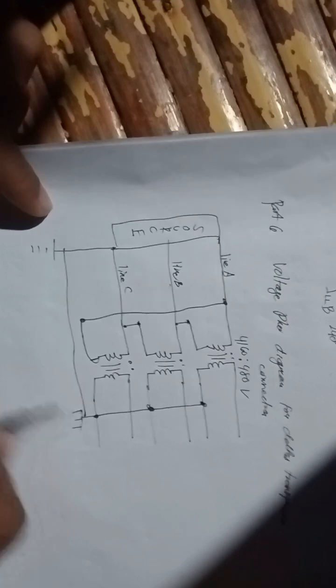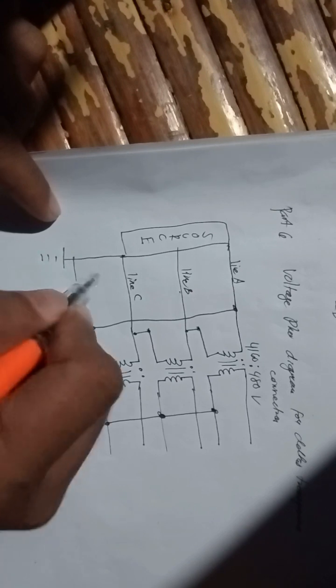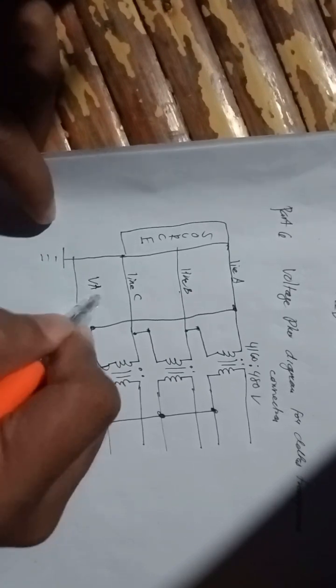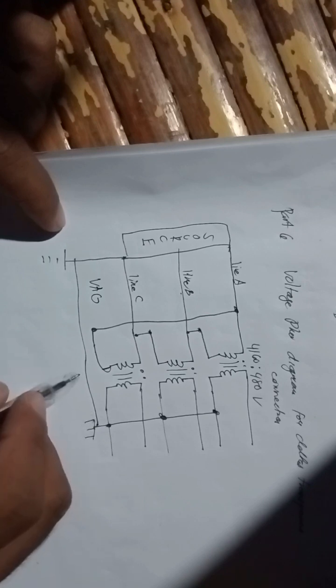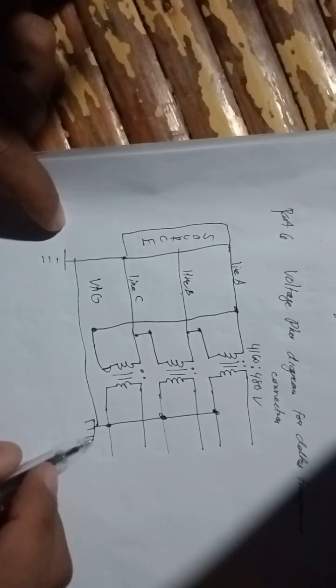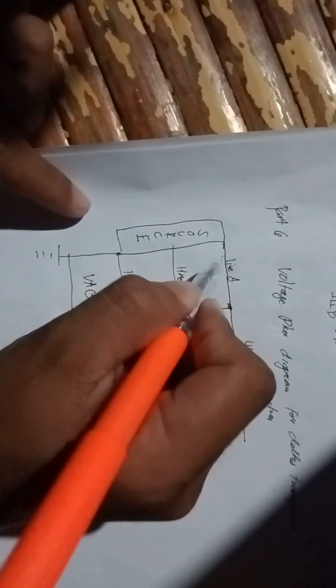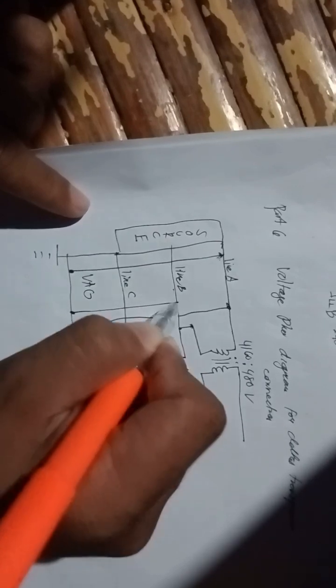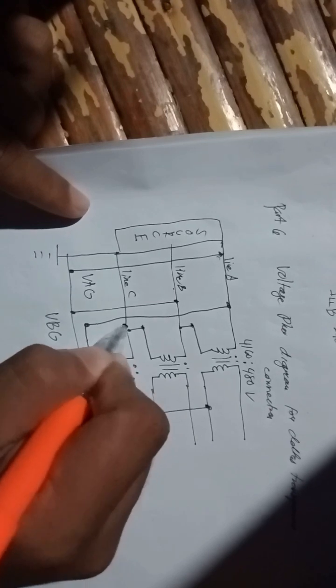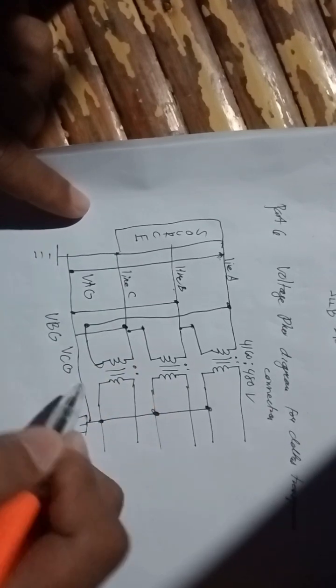Then we have established na our voltage across the line. So on the ground we will call this VAG, and VBG, and lastly VCG. This will become a VAG, VBG, and VCG.